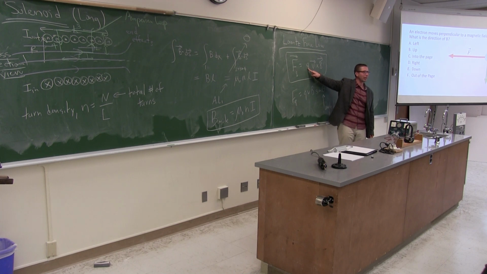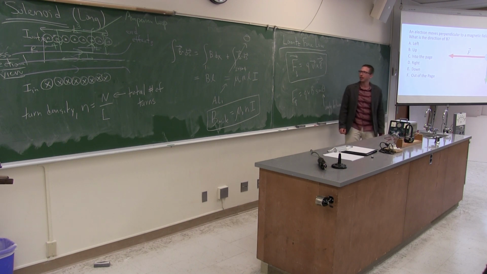But if I multiply this by negative, it's like rotating your vector by 180 degrees, so it points in the other direction. Okay, so as we've discussed, there are different versions of the right-hand rule. You can choose which one you're most comfortable with.